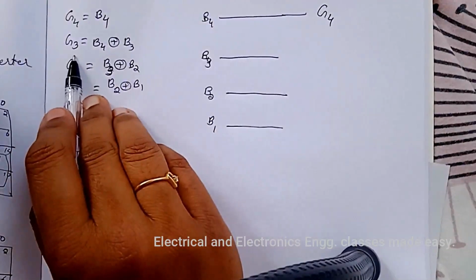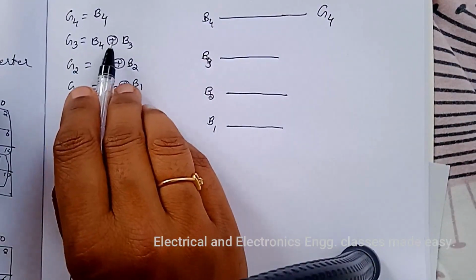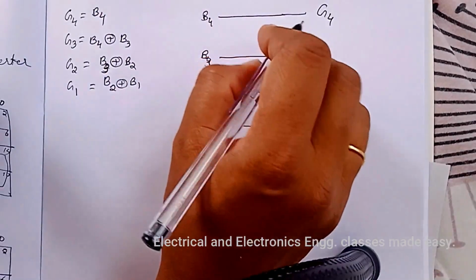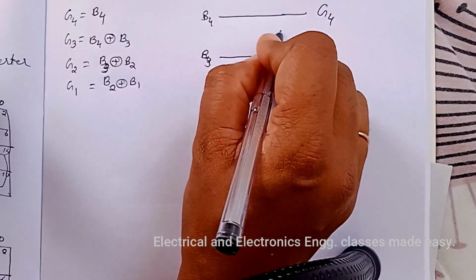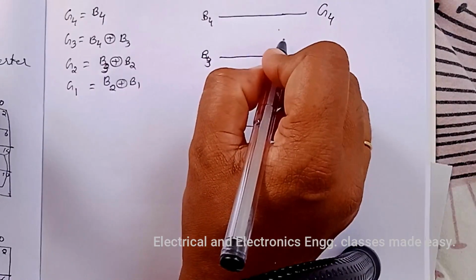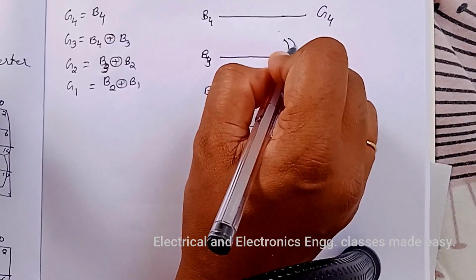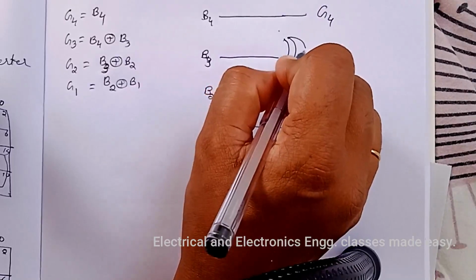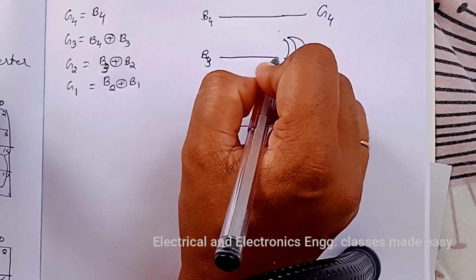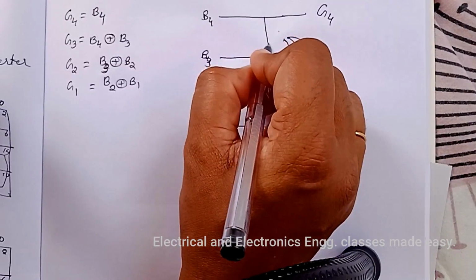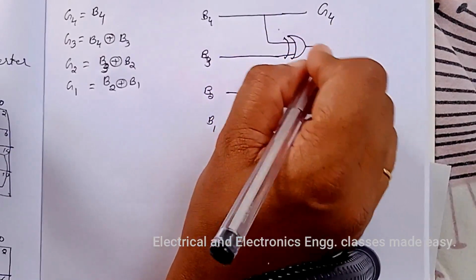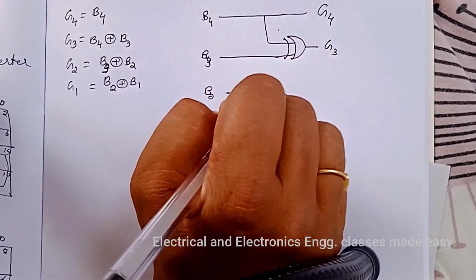So next G3 is equal to B4 XOR B3. So here draw one XOR gate. Then that is G3.